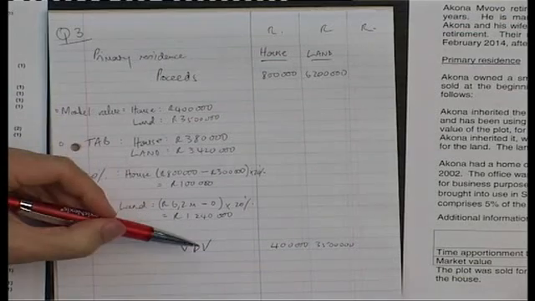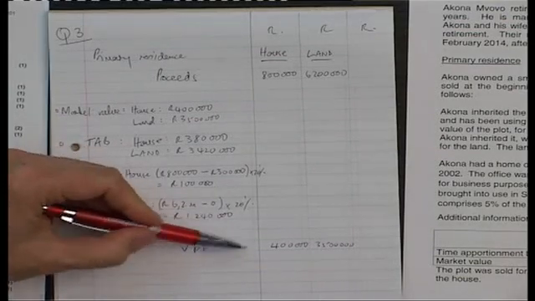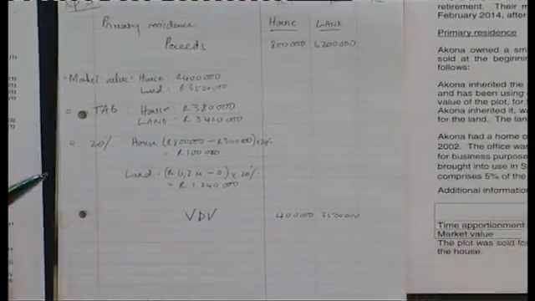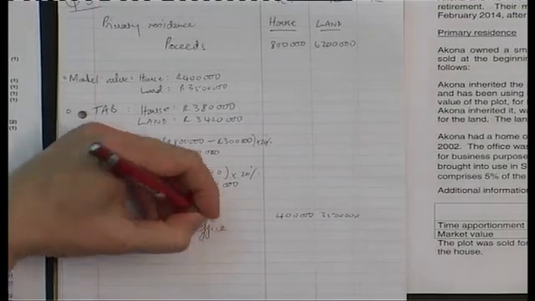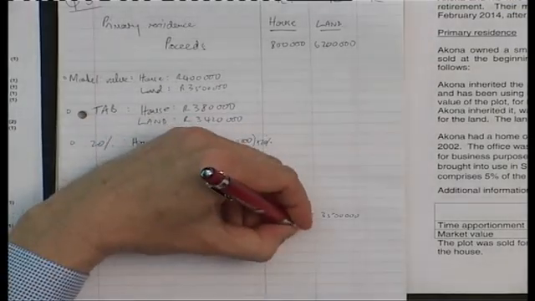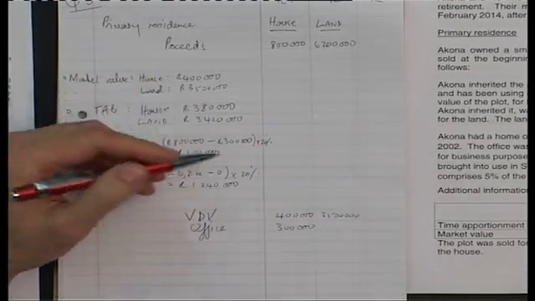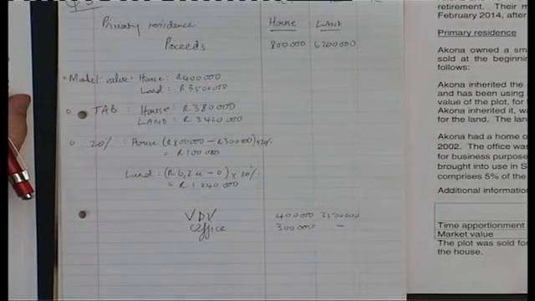right? But we want to work out what is the base cost of the house. Well, was there any expenditure incurred after 1 October 2001? Yes, we know that. There was an office built onto the house. So that's a legitimate improvement. It can be included in the base cost. There were no expenses on the land after 1 October 2001.